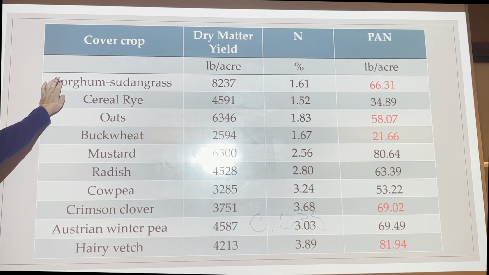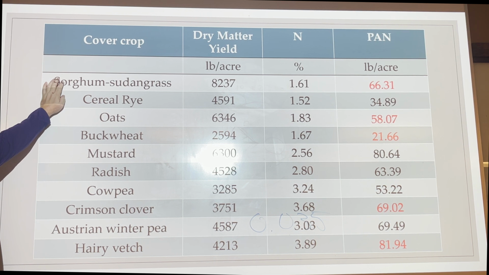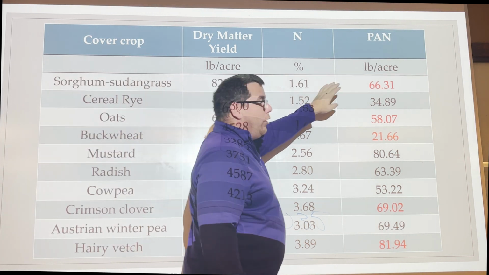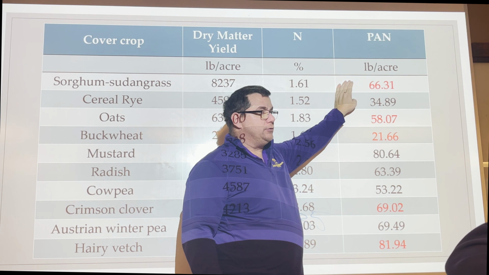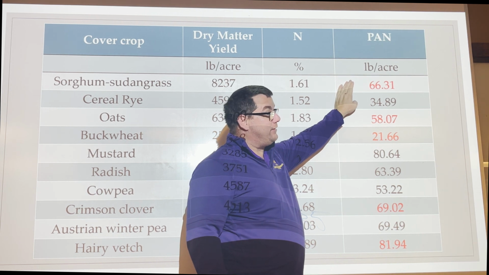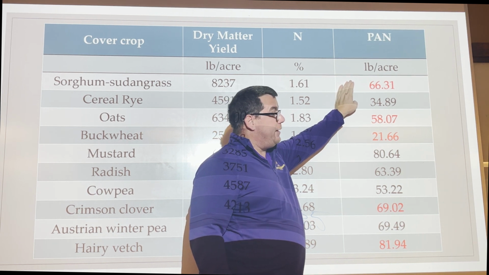This is a nitrogen credit. It's 134-ish. 134. That's how much credit is there that goes back into the soil after you kill it. So if you need 200 pounds and you've got 66 already, how many pounds do you need to apply?